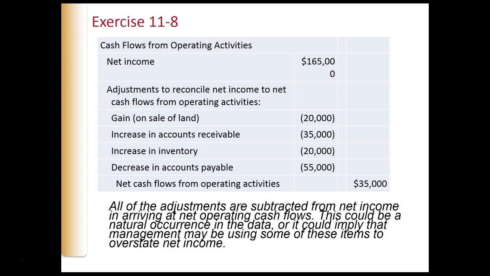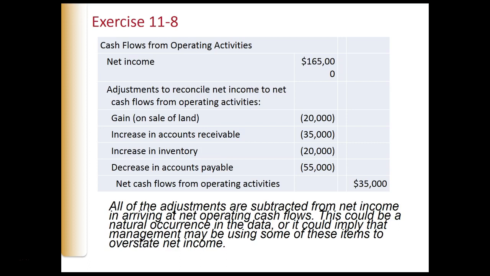If you think about a decrease in accounts payable, the first year you had $75,000 of accounts payable. In this year, it's down to $20,000. It made a difference of $55,000. How did that decrease happen? The decrease happened by using cash to pay down accounts payable.